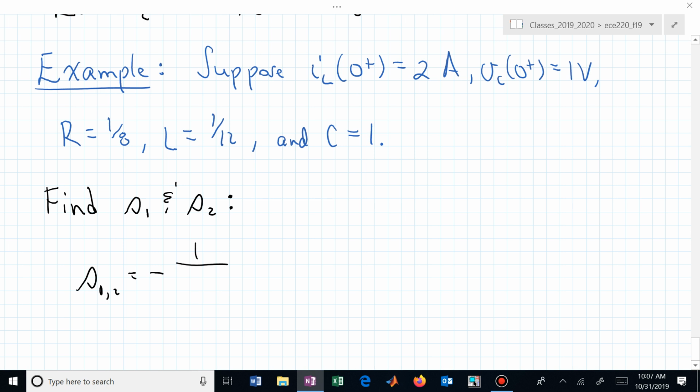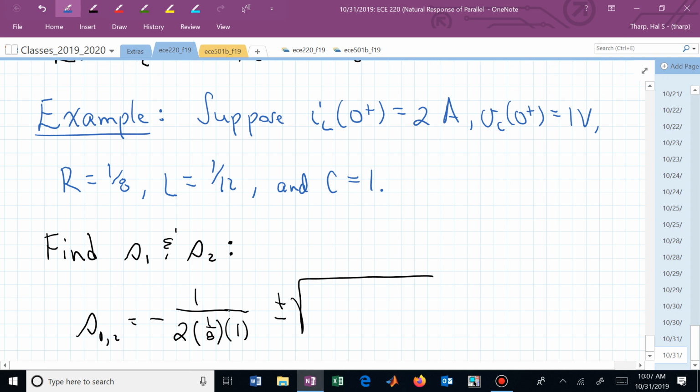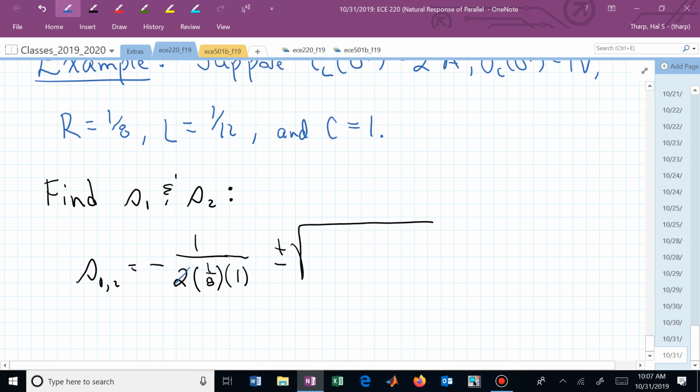That was minus 1 over 2, R, which was 1/8, C, which was 1. That was our Neper frequency. Then we had plus or minus the square root of that expression there, the alpha. That's what this is, and we can clean that up.